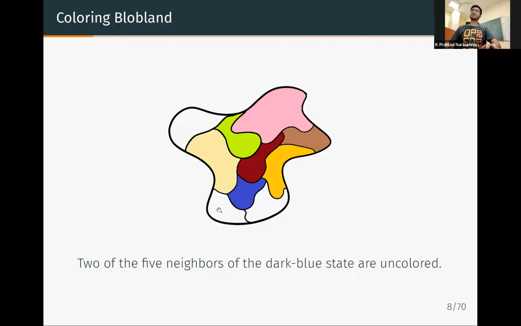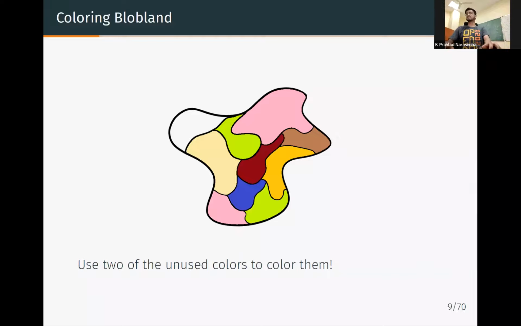So I have to use at most 6 in total to color the blue state and its neighboring states. Note that I have 7 colors with me. Therefore, there exist 2 other colors which I have not used so far, and I can just use them. I color them with pink and light green.